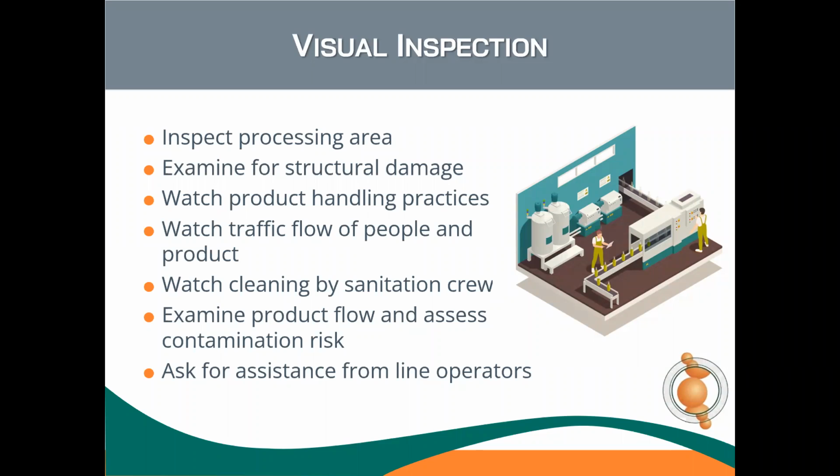You also want to watch the traffic flow of people and product. You can also watch your sanitation crew in process and post-processing sanitation. It's important to do both. And then you also really want to make sure that you are examining that product flow to really assess that contamination risk. It can happen at any point in your process flow.